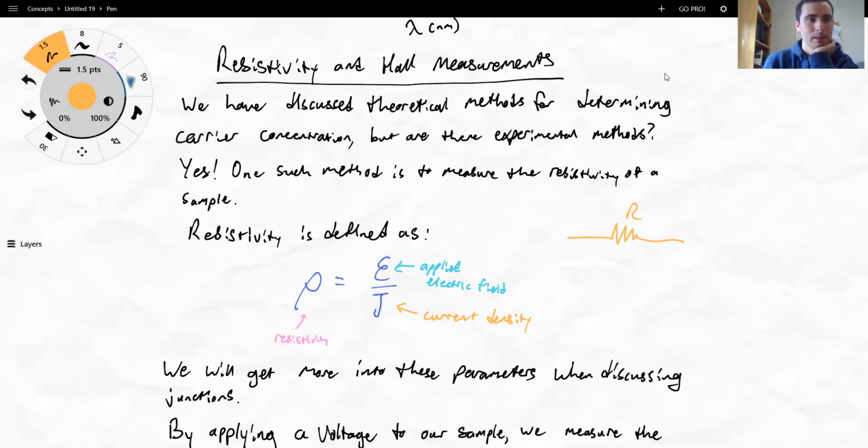Think about it like if I've got a sample here, if I measure the current here and here, and then I measure the voltage or the resistance between these 2 points, that's going to be different from where I measure the resistance between these 2 points, because it's further away.